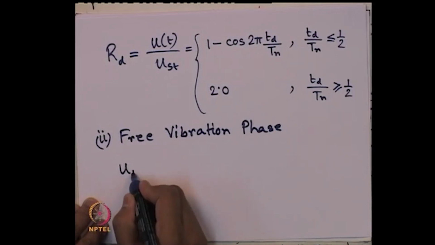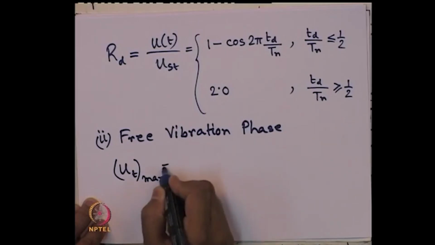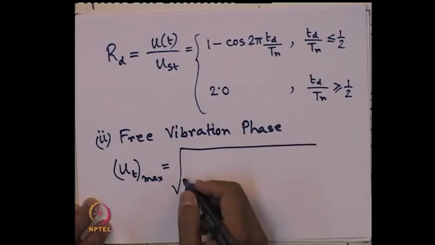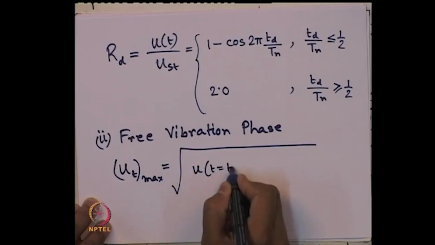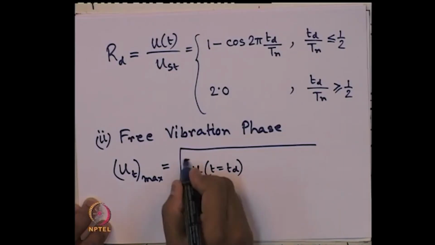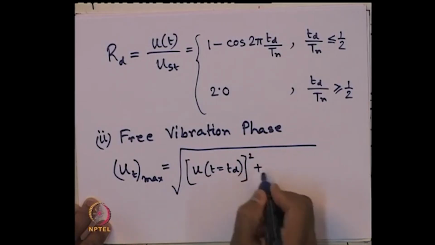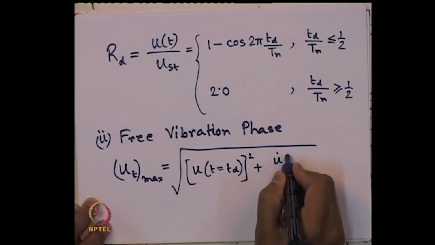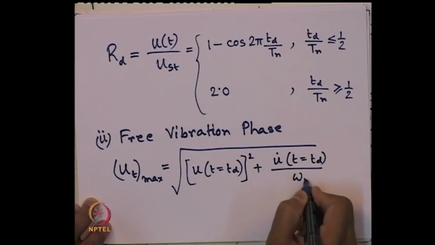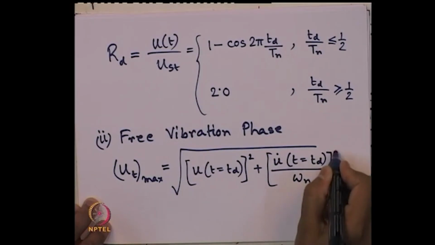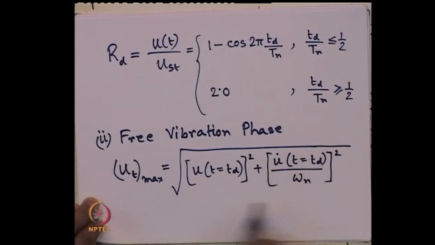If I write down u(t) max, that will be nothing but your amplitude, whatever you are getting at t equals Td, that squared plus u dot(t) at t equals Td divided by omega n, that one squared. Am I right? Are you satisfied with this expression?